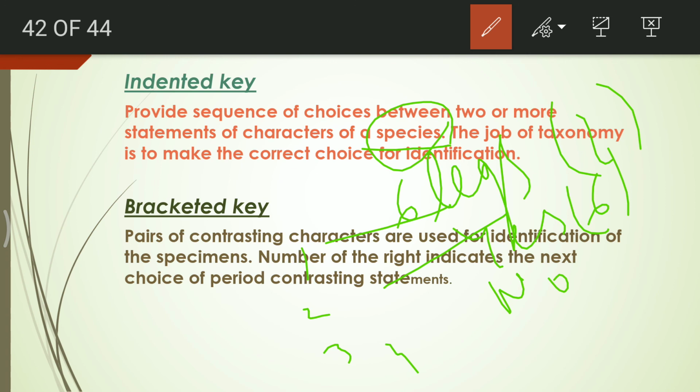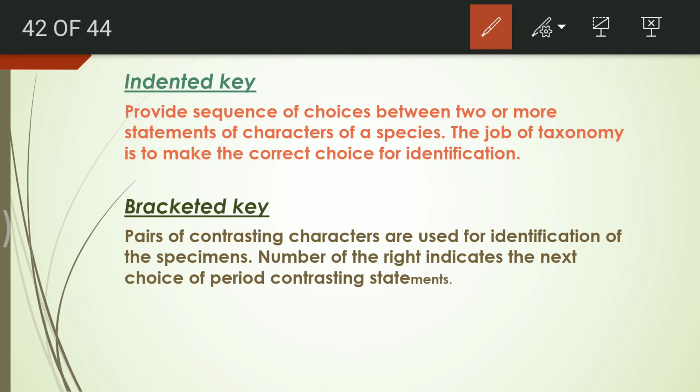So in the second one again some question will be there, and in the 6. So in this way you will proceed, and you will reach a conclusion. You will actually end up finding an organism. So this can be best explained with the example which you have in your book, and we will just discuss it in the class.